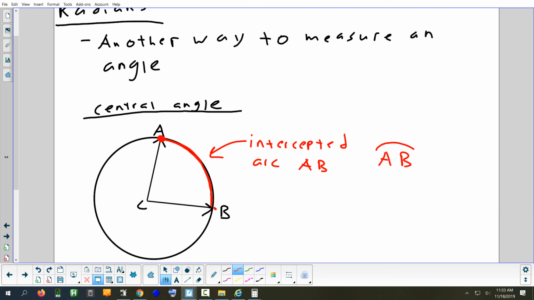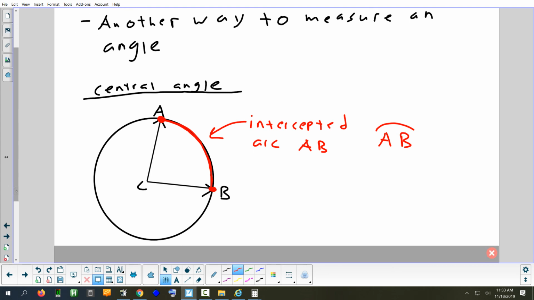Ray CB intercepts it right there. If you connect point A to point B, you get an arc. That's called the intercepted arc AB. In geometry, we can write an arc as two letters with a curve over them. That's called a central angle, so it's an angle in a circle.